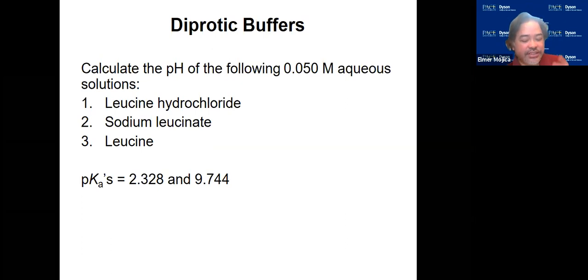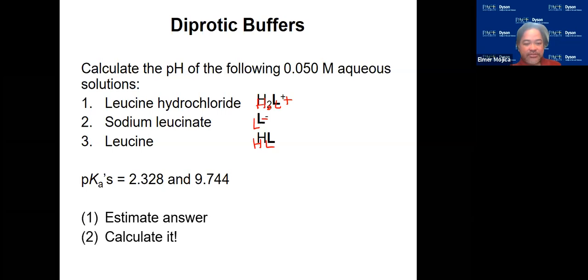Sodium leucinate is what we call the negatively charged leucine. What we're going to do now is put it as H2L plus, HL, and L minus. So this is your H2L plus, this is your L minus, and this is your HL. And you're given here the pKa.